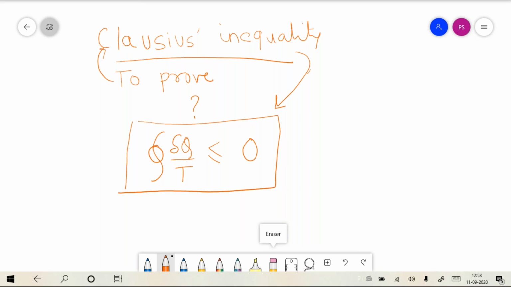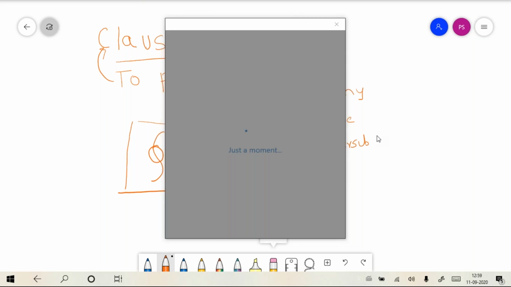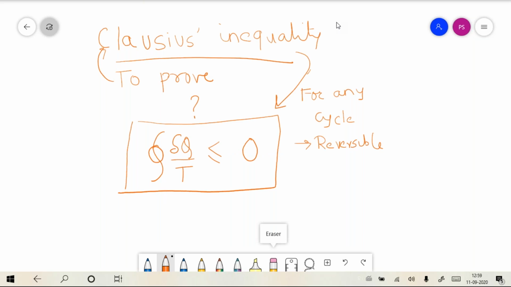Let me write this down. For any cycle. For any cycle means either the reversible cycle as well as the real cycle, that is the irreversible cycle.